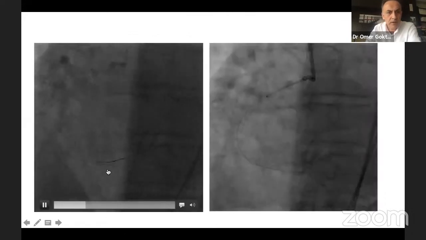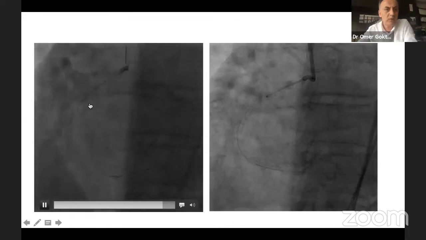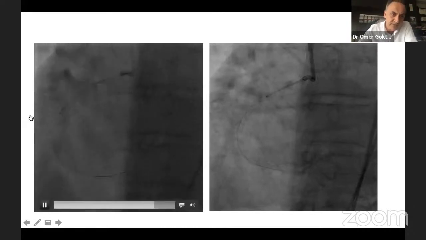And here, now I am in the distal. What I can tell you is this is a very important slide, because here I have ipsilateral collateral, right? I used my retrograde wire through these septals, and it went in the catheter.